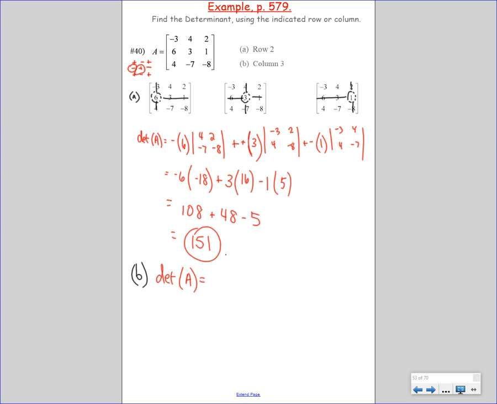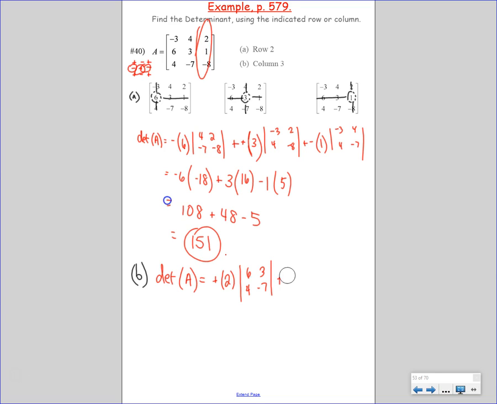Okay, who's my third column? It's in the positive placement for 2. So I'm going to have a positive times 2 times... Okay. Eliminate row, column. What do you have left? Okay.